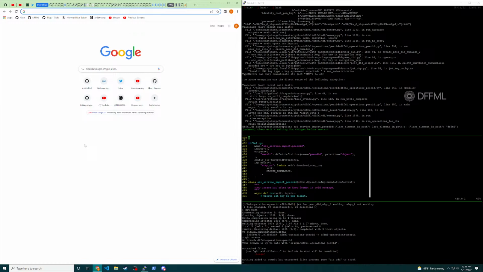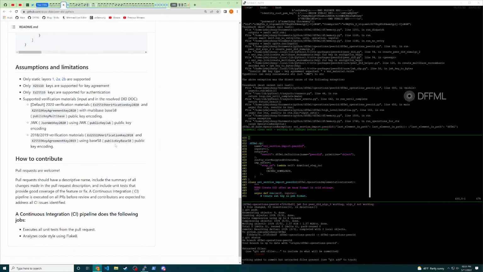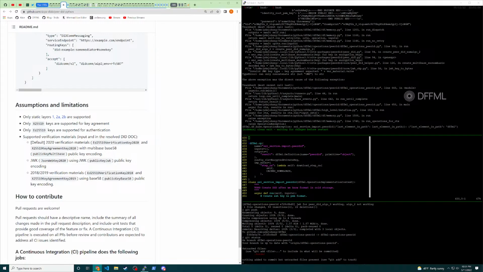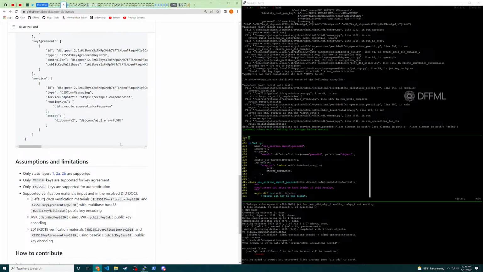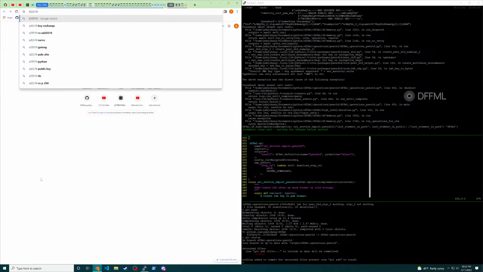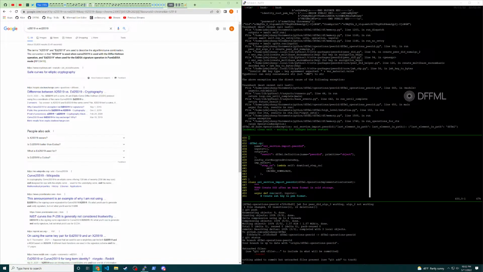Do we need a different type of key? Okay, so only these X whatever keys are supported for key agreement. So what is this? User scribe, okay.